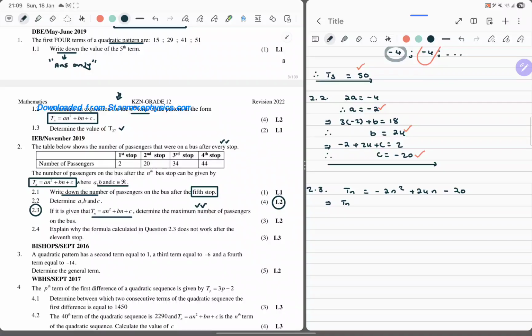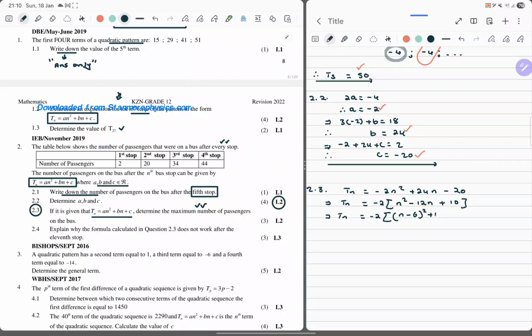T sub n is equal to minus 2. We factor this out. We get n squared minus 24 divided by 2 is 12n plus minus 20 divided by minus 2, that's plus 10. Okay, so this implies that T sub n equals minus 2 into, you know what to do here, it's n minus half of this, 6.